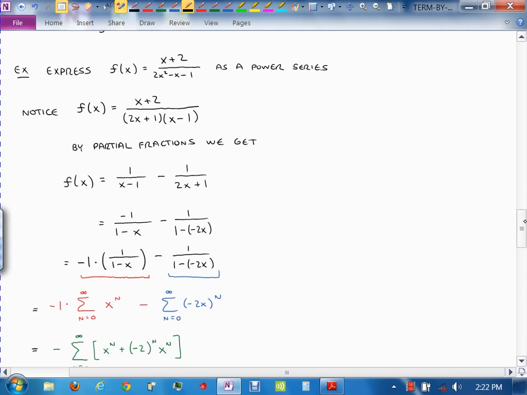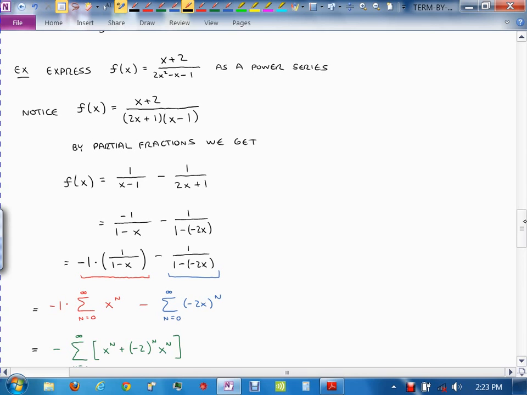These two can be written out as the big time formulas. If you just move things around and mess with the signs a little bit, you can get this one to be a power series, this one to be a power series. Since they both start at 0, this is x to the n. This one over here becomes negative 2x to the n, which turns into a negative 2 to the n, x to the n.